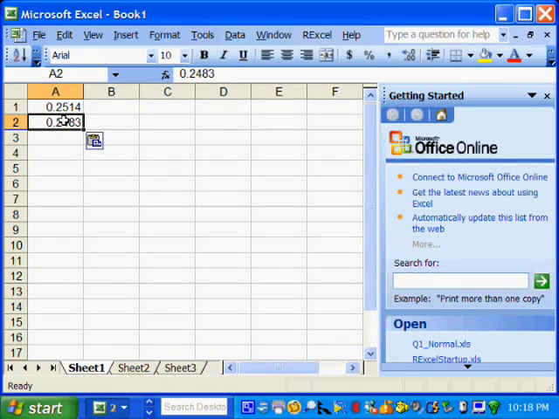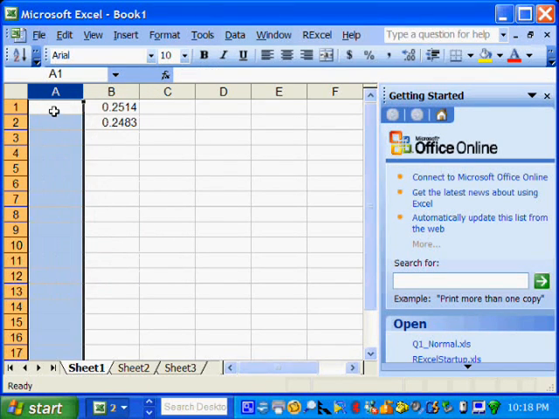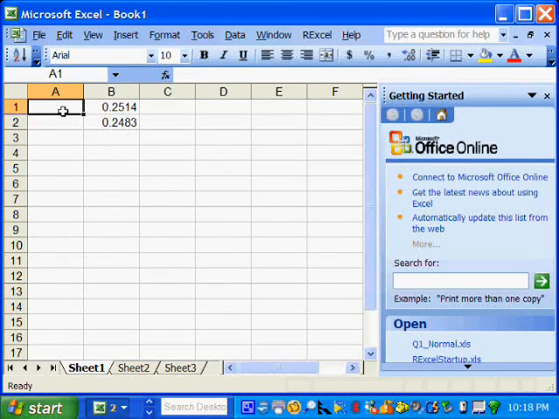I insert another column in order to record the corresponding z values. And I insert a row in order to label the values.